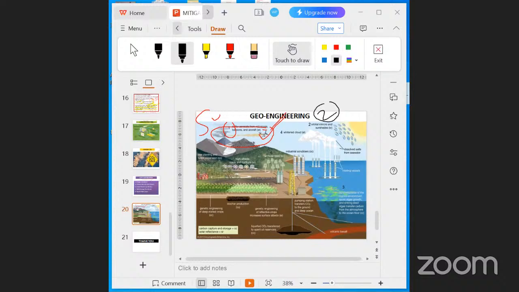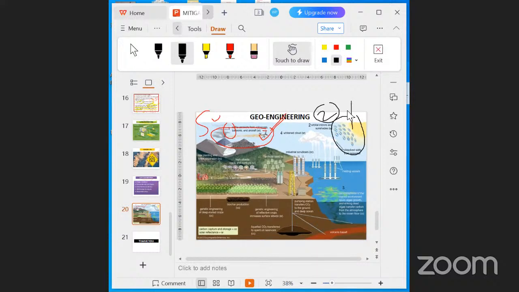So here is the Earth, and if you place a mirror over here, this mirror will reflect the sun's rays back to space, right? The mirror will be the size of Greenland, not small like the mirrors in our homes.